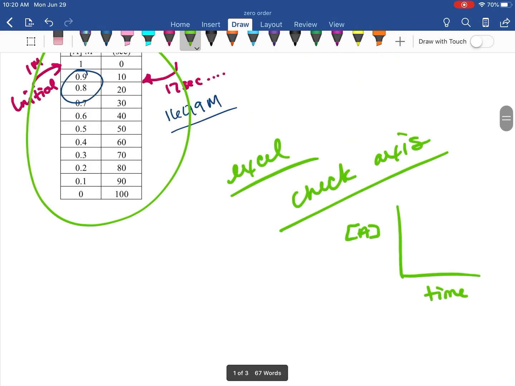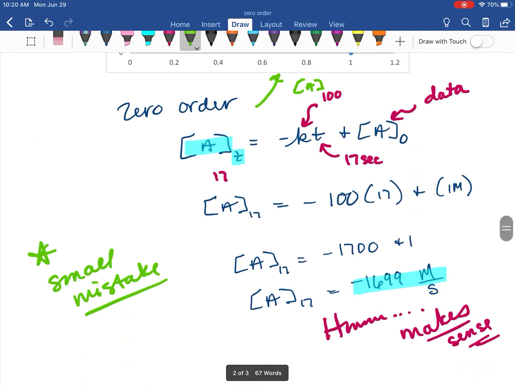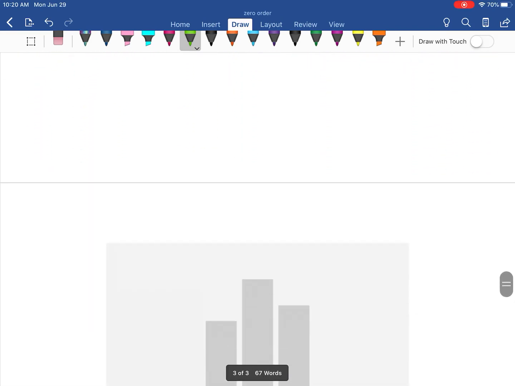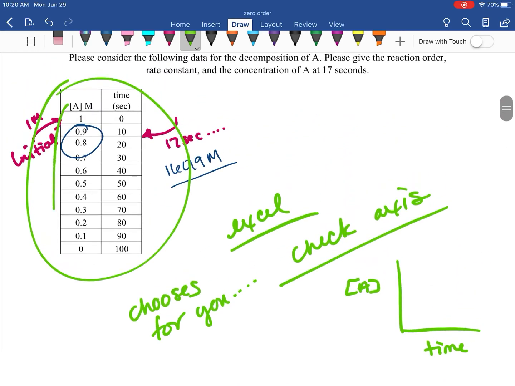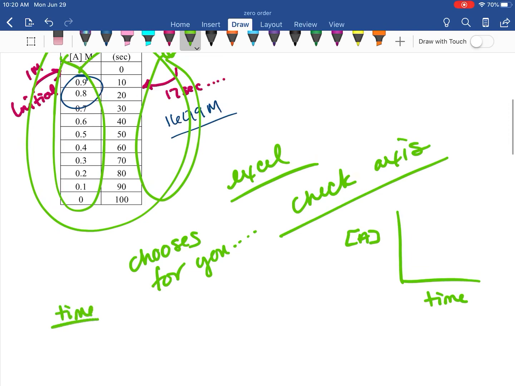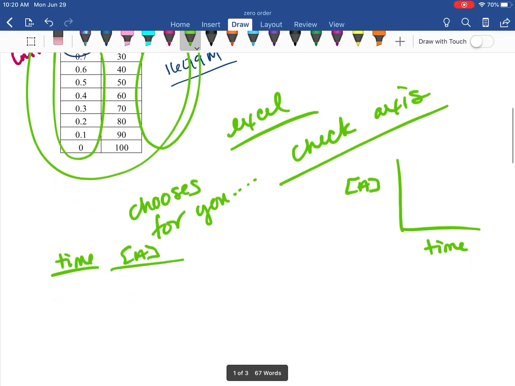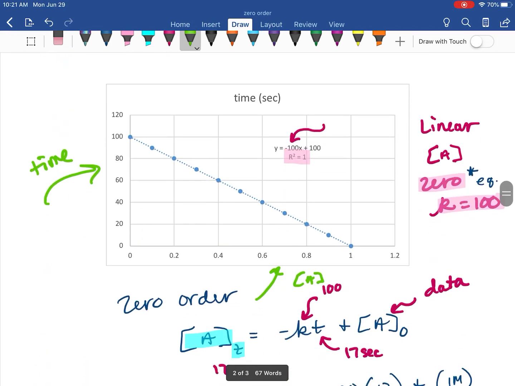It's the one downfall with Excel. It kind of chooses for you. So how do you fix that? What I do is a new data set, and I will copy this column and move it over here. So what Excel does is it reads its relation, so you may have to have time and then concentration. You're just going to have to always double check your axis since that scatter plot chooses for you. So then highlight those two data columns and try it again.